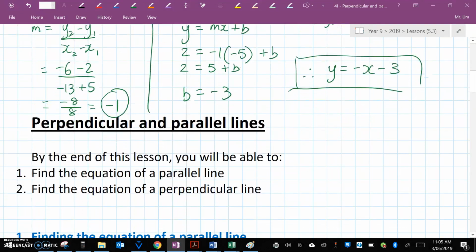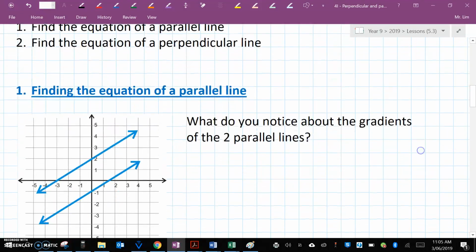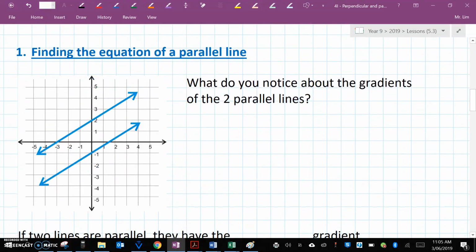So let's have a look at how to find the equation of a parallel line. What do you notice about the gradients of these two parallel lines? Well, let's work out the gradient for each of them. I'm going to pick this point because it's on the corner of a square, and I'll pick this point as well. Now I form a right angle triangle. The rise is 2, the run is 3. Therefore the gradient is rise over run, and it's positive because it's sloping up.